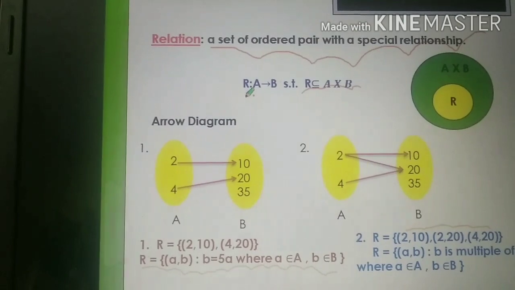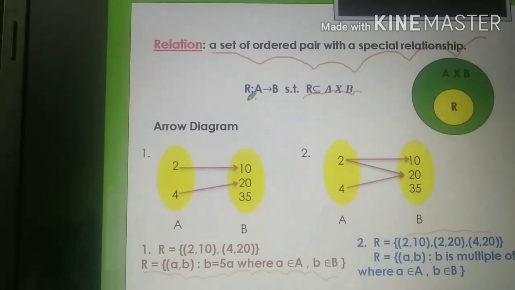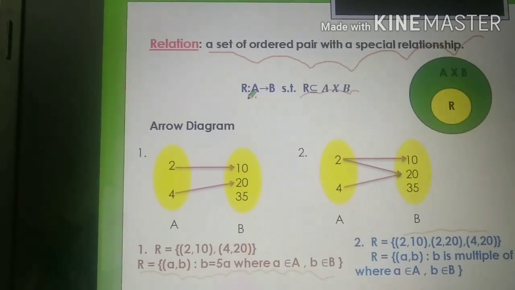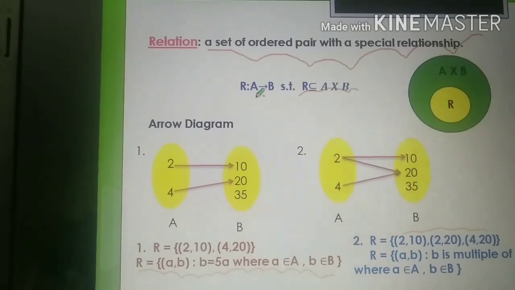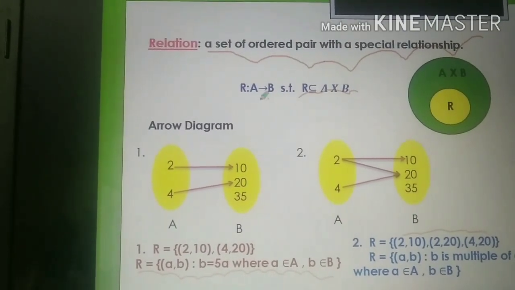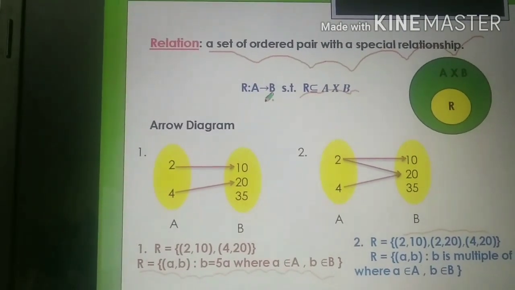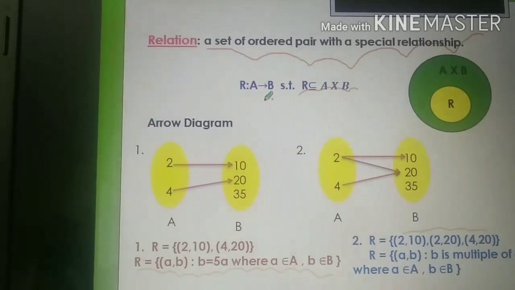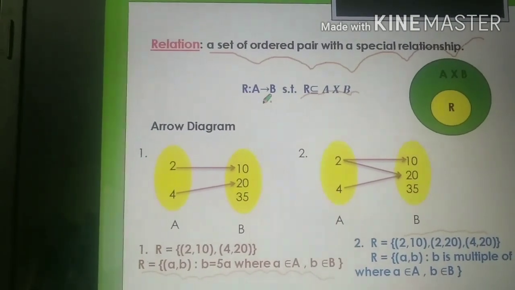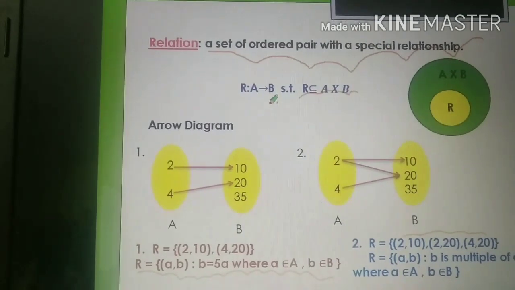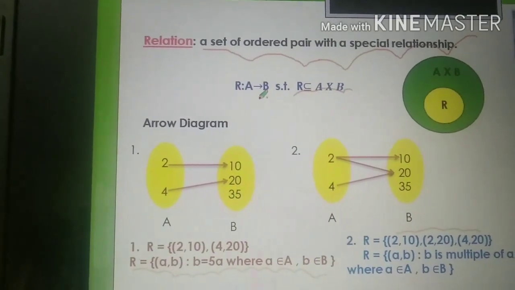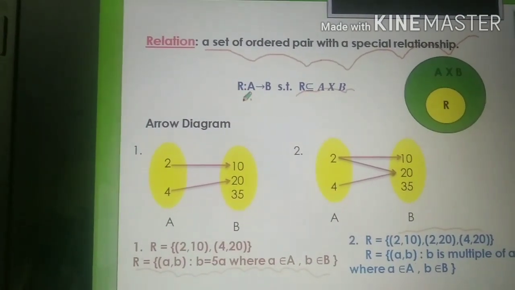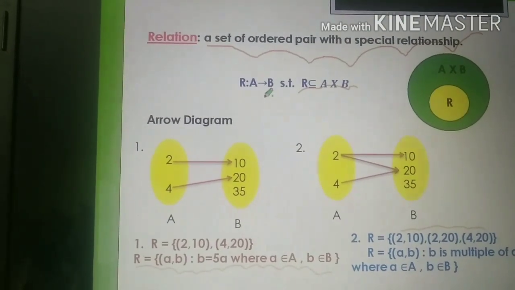So this is the way of writing a relation, that R is a relation from A to B, from one set to another set. Relation can be defined from one set to another set, or it can also be defined from the same set to the same set.